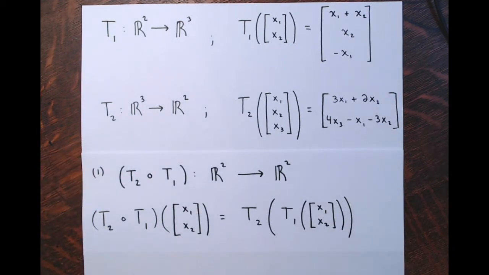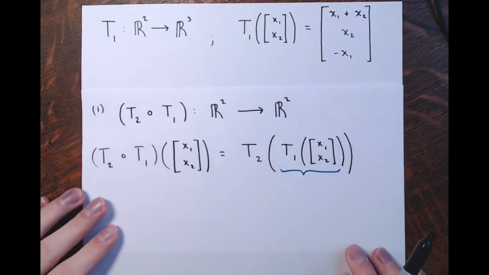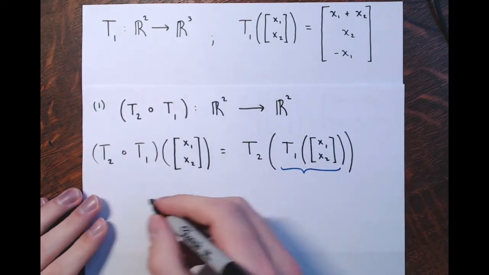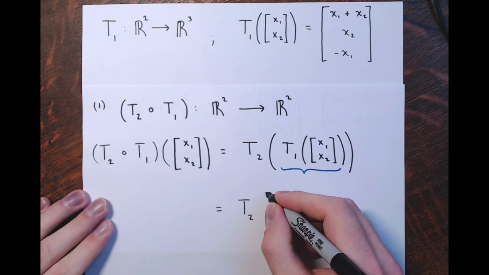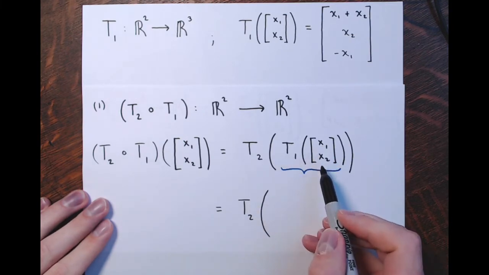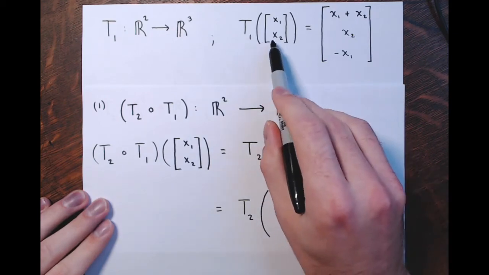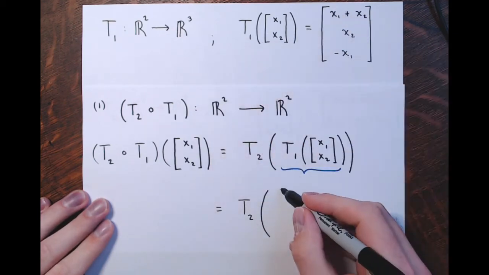Alright, so what's happening? Again, I apply T1 first, and keep that inside there. Now, just T1's up here, so this is going to be equal to T2 of, and then when I apply transformation 1 to this x1, x2 vector, it looks exactly the same as this, so this is my output.